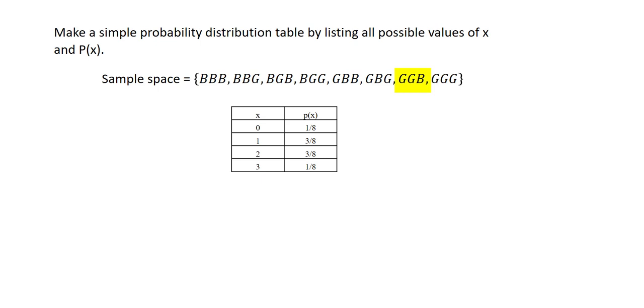So again, we have 3 options out of the 8 options we have. And lastly, the case where they will have 3 girls is just 1 that we see right there, which is 1 out of 8. So if we sum the probabilities in that column, it's going to come to 1. So we see that this is an example of a simple probability distribution for this particular scenario.